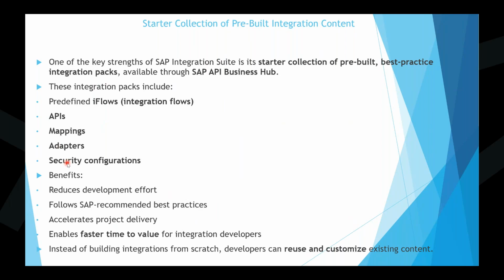So why is this valuable? Because without pre-built content, you need to spend weeks understanding the APIs of both systems, writing transformation logic, handling errors for every single integration. With pre-built content, you download the SAP tested, certified packages, make minor adjustments, and deploy in days instead of weeks.